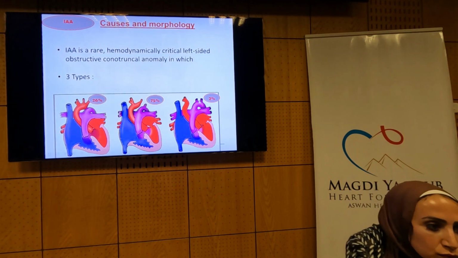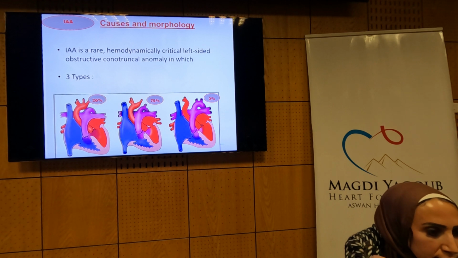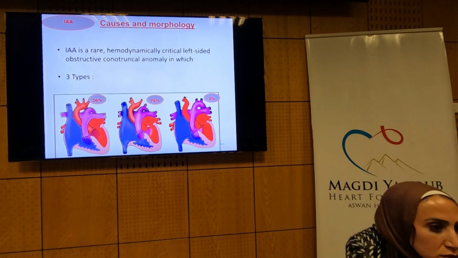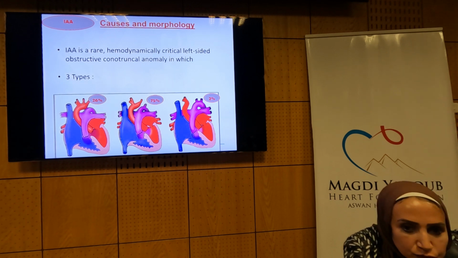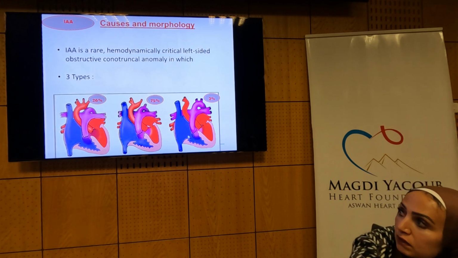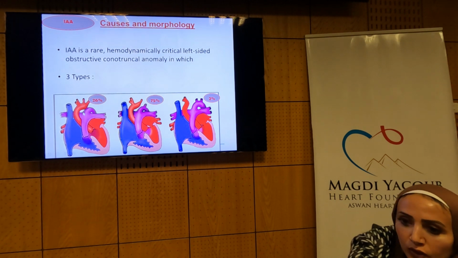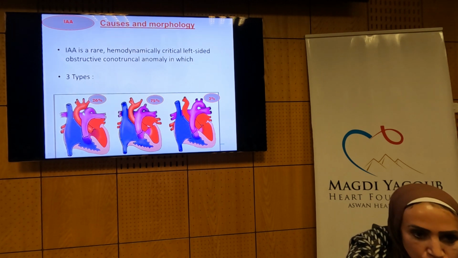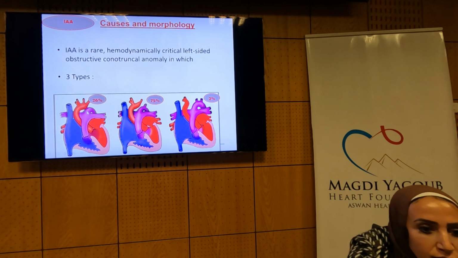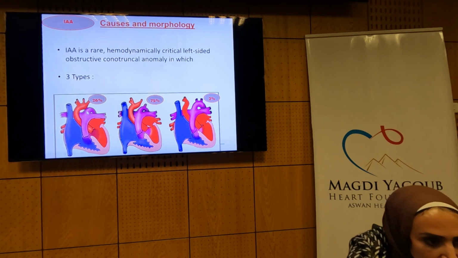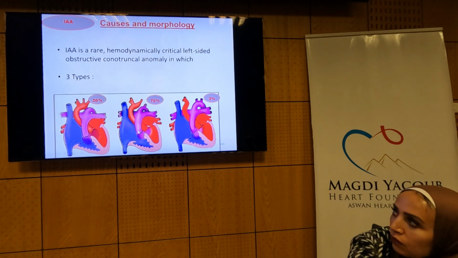Okay, what is the difference between interrupted aortic arch and critical aortic stenosis? Sometimes you have a very narrow coarctation, so we call it pinpoint or near interruption. The difference between both of them is that in interrupted aortic arch you have a duct-dependent systemic circulation. In all interrupted aortic arch, this is the pulmonary artery, and we have a big non-restrictive, non-obstructive duct giving the descending aorta.